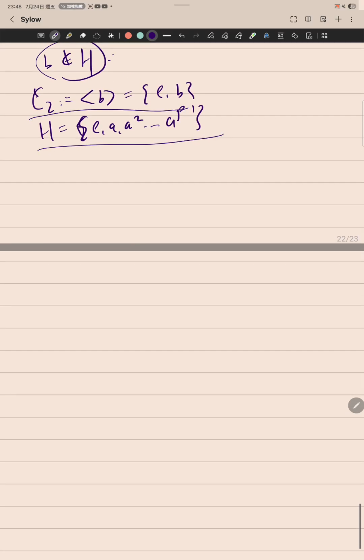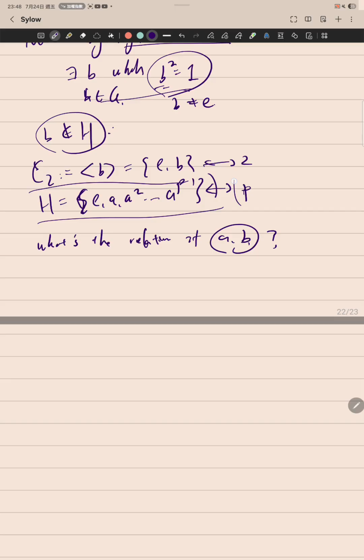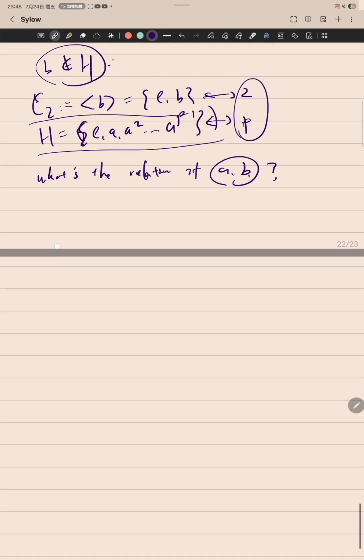So to determine the group structure, the only thing we need to know is what's the relation of A and B. Because H has p elements and C2 has 2 elements, the products already have 2p elements.